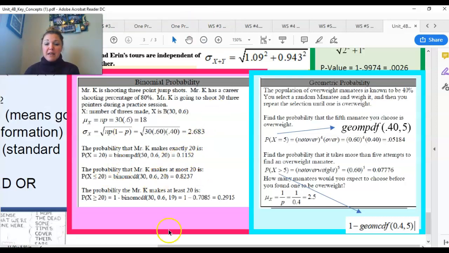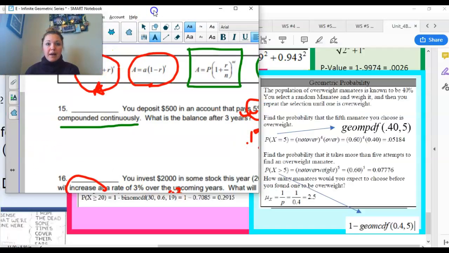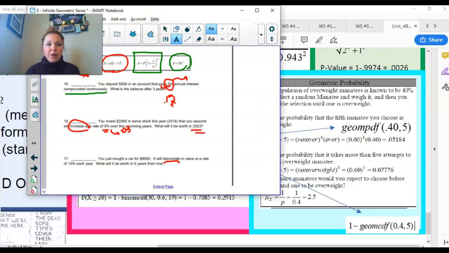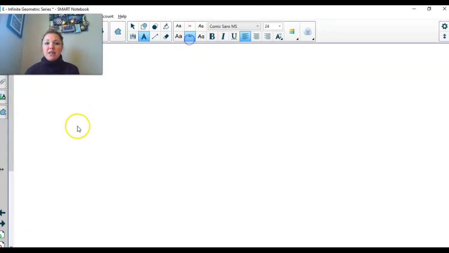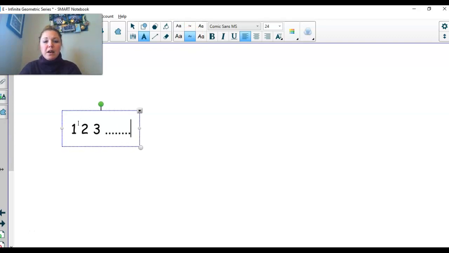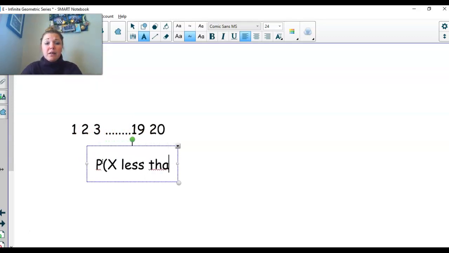So sometimes what I tell kids is, just list everything out. It could be 1, 2, 3, dot, dot, dot, all the way to 19, 20. If it wants at most 20, it's 20, so the probability that X is less than or equal to 20.